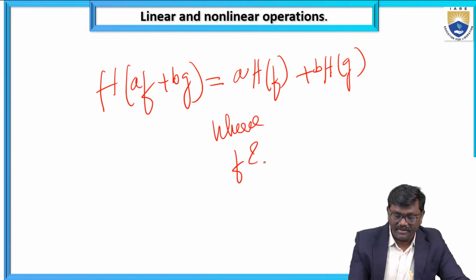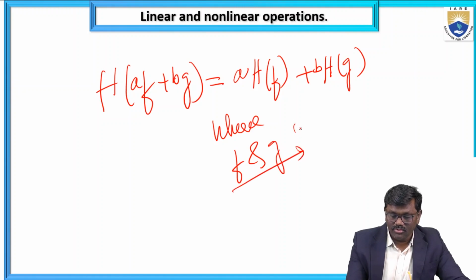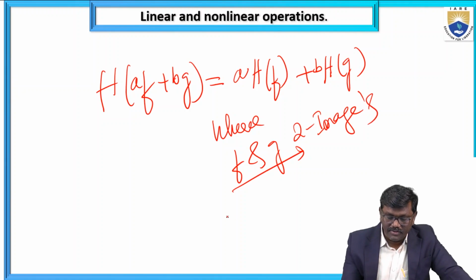F and G are the two images. So between these two images, you are applying the linear operation.